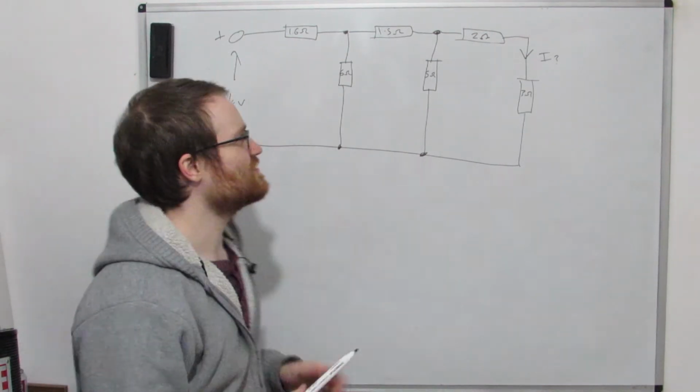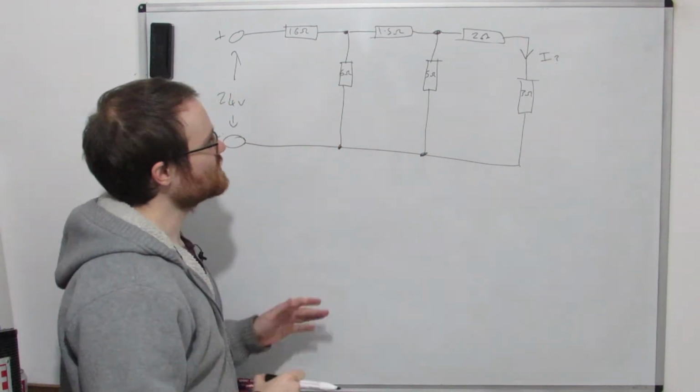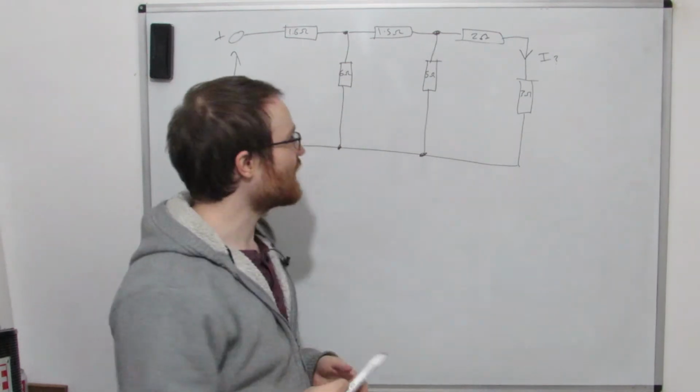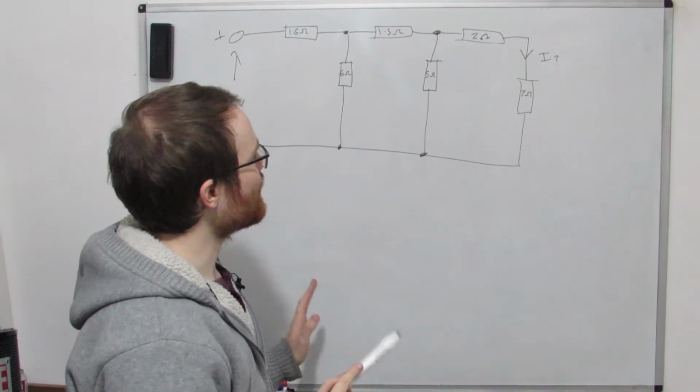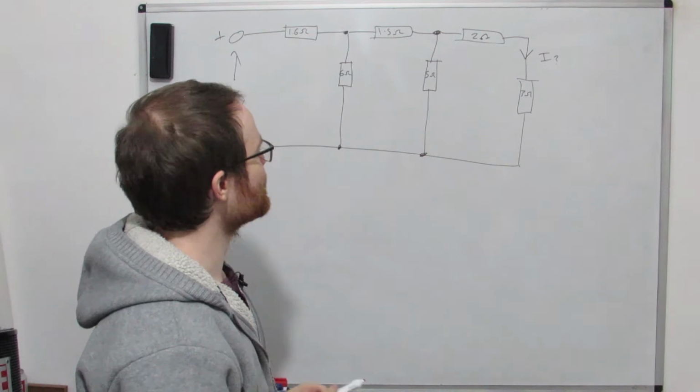Okay, I'm going to assume that you've at least had a go at that. As I told you before, the key to this, that I'm sure some of you figured out, is to redraw it in a way that makes it a bit more obvious who's in parallel with who, so it's obvious that we've got some stuff in series and some stuff in parallel.